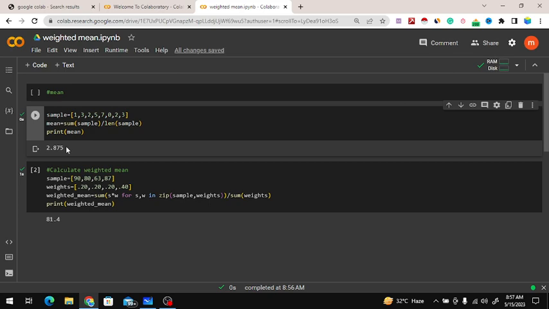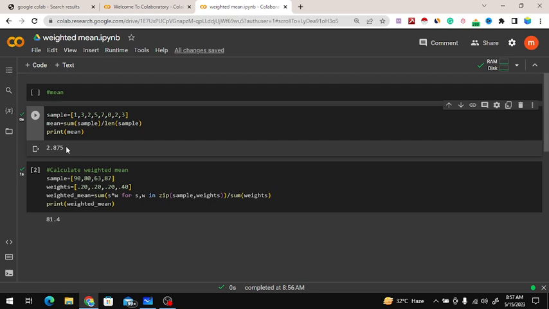There are two versions of the mean we have already discussed: one is the sample mean, another is the population mean, and I have discussed them theoretically. And the third is the weightage mean.